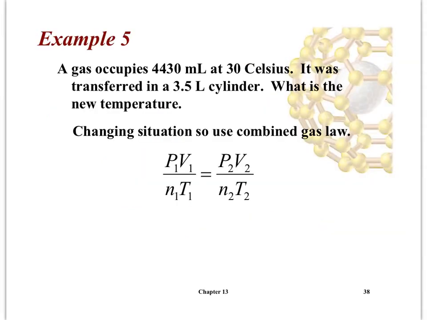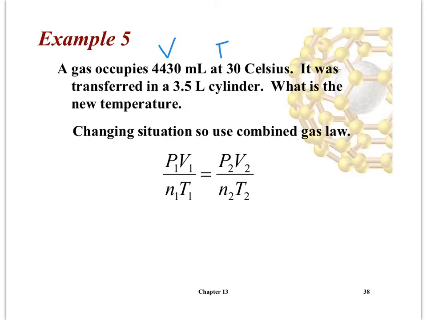Let's try one more. Example 5 says a gas occupies 4,430 milliliters at 30 Celsius. It was transferred into a 3.5 liter cylinder. What is the new temperature? So I'm going to label my numbers. This is a volume. This is a temperature, and I'm going to go ahead and change it to Kelvin.